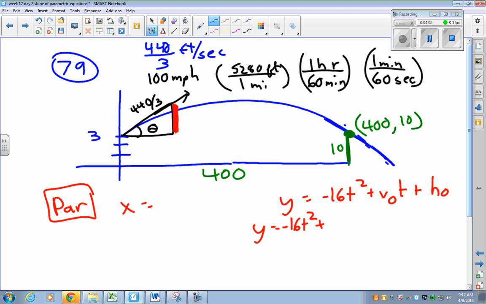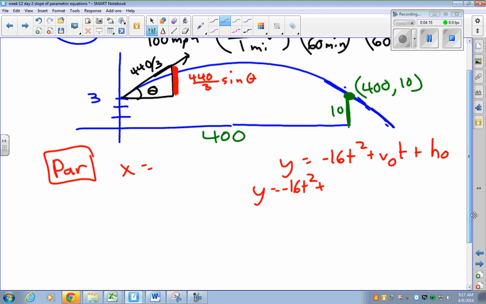So I only want the red part, which would be the sine component, 440 over 3 sine of theta. So that's the v naught part, 440 over 3 sine of theta t. And it started at 3 feet high, so plus 3.